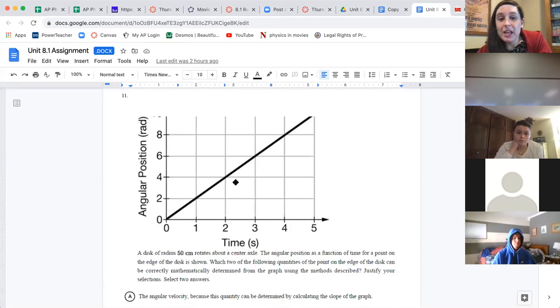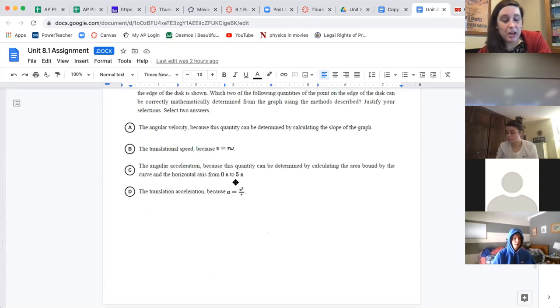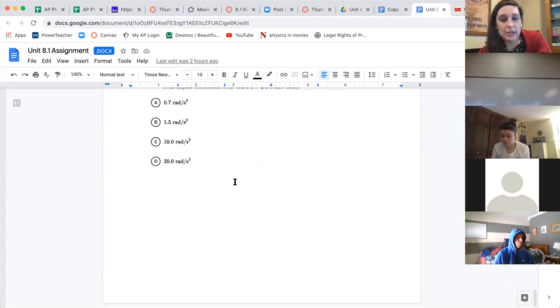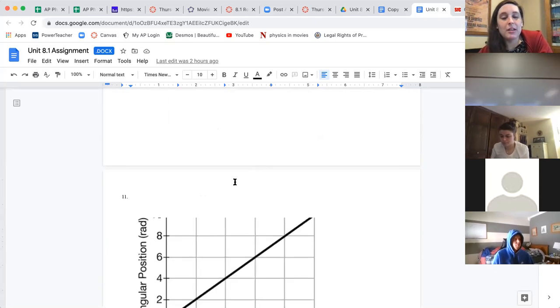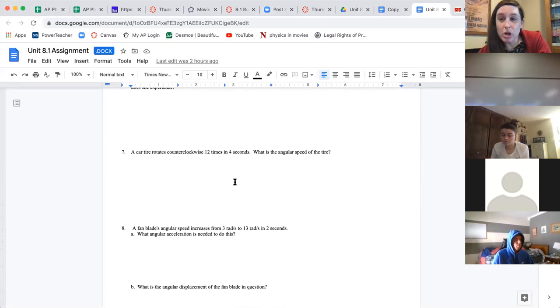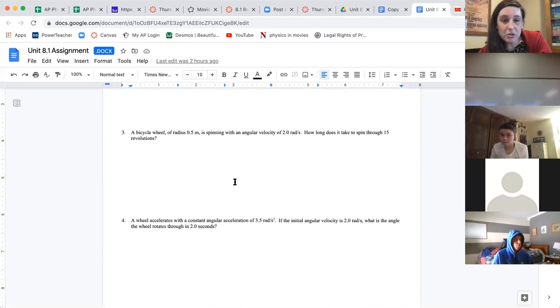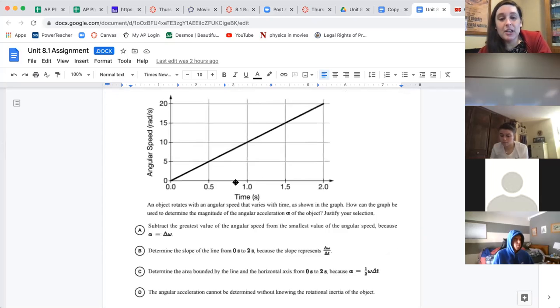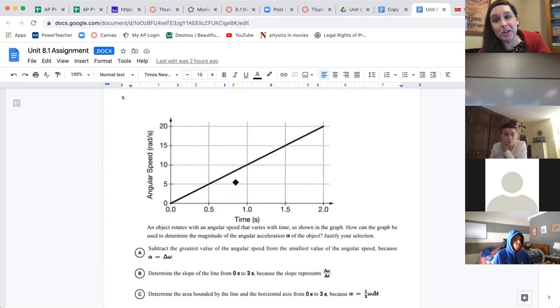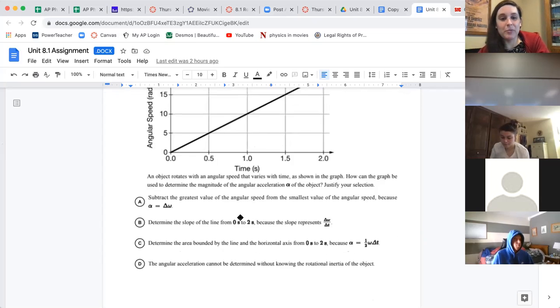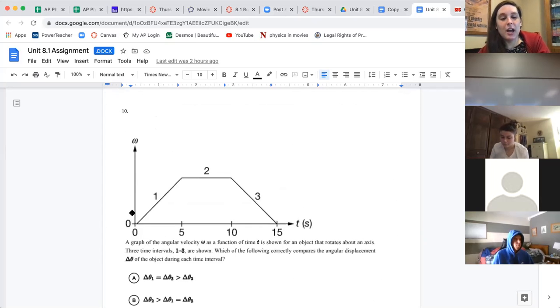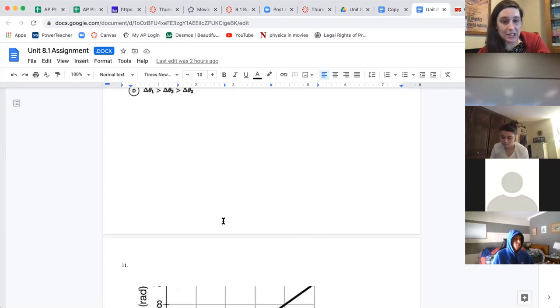Okay, so like I said, I do highly recommend as you do this worksheet that you have your Unit 2 notes open next to you, because those notes probably go into a lot of detail about what does a speed versus time graph tell you, right? Here's angular velocity versus time graph. What does the slope tell you? What does the y-intercept tell you? What does the area tell you?